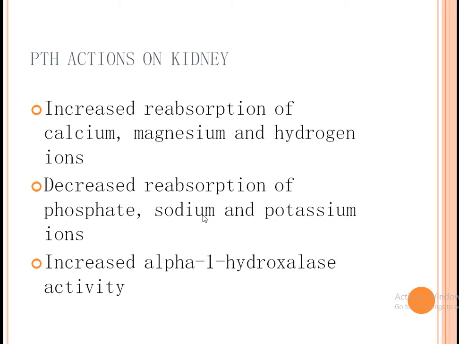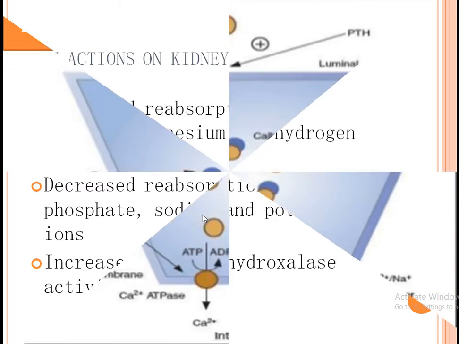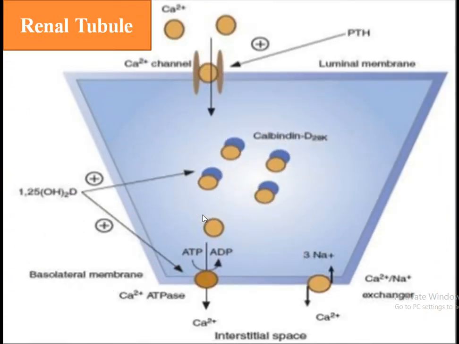How does the parathyroid hormone act on the kidney? It increases the reabsorption of calcium, magnesium and hydrogen ions, and decreases reabsorption of phosphate, sodium and potassium ions. For this, you can take the help of this picture.